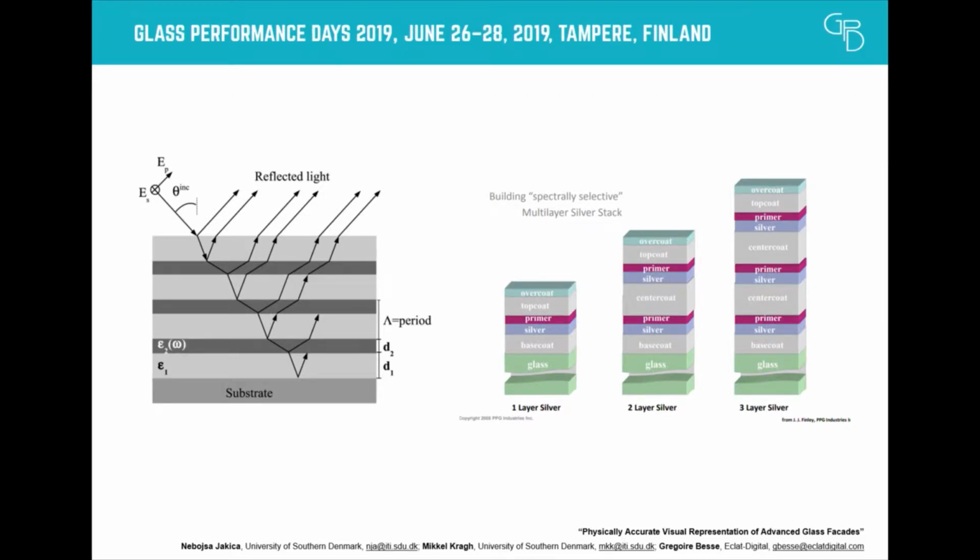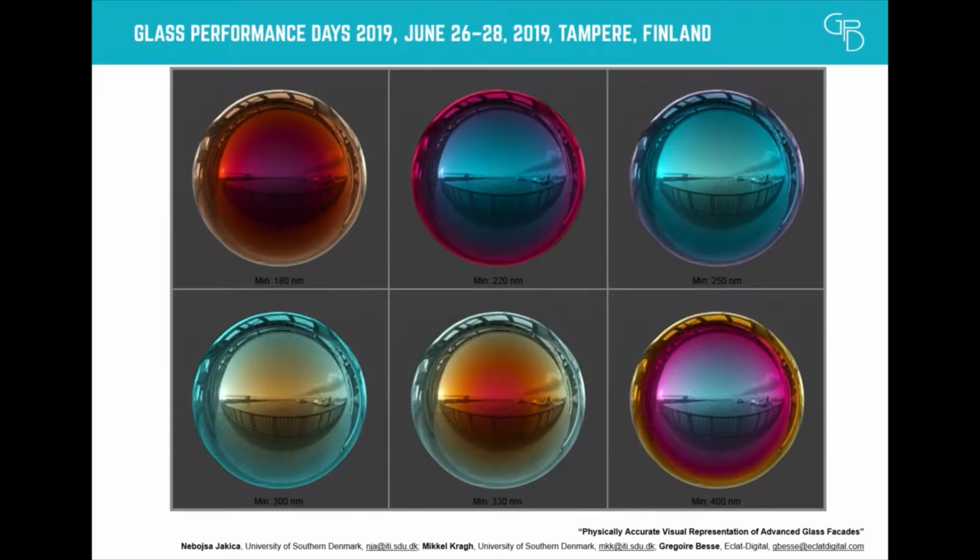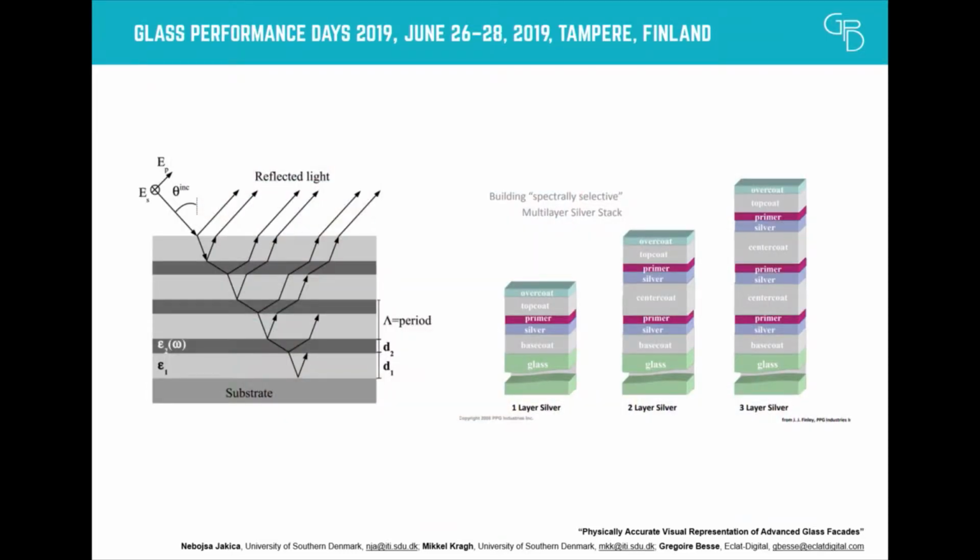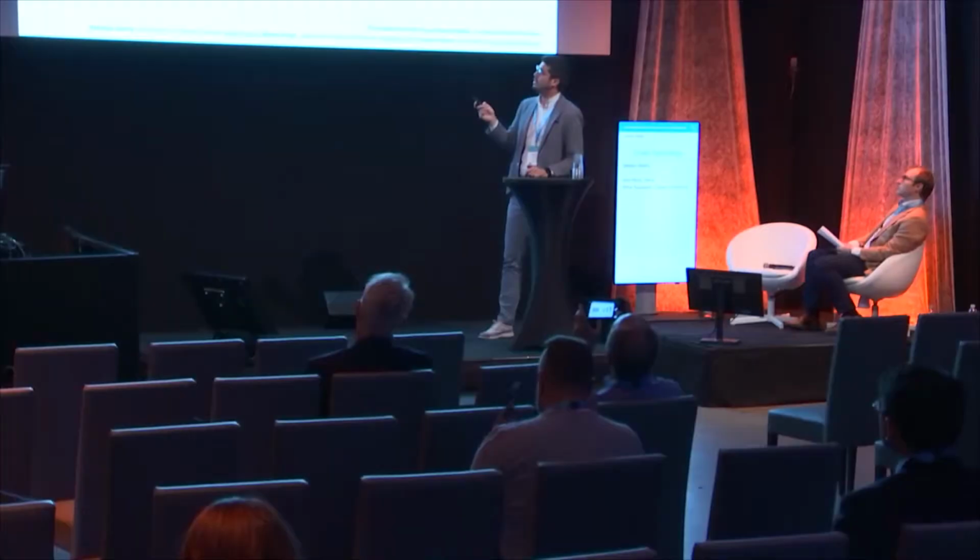So this is where it becomes really complicated, and why we perceive different colors and gonio-apparent behavior of the coated glass, especially when we have double silver or triple silver coatings, because we have many optical reflections and refractions here with every change of the medium.